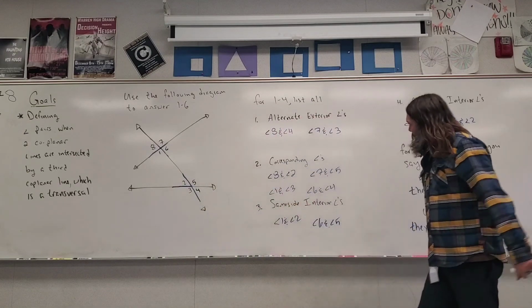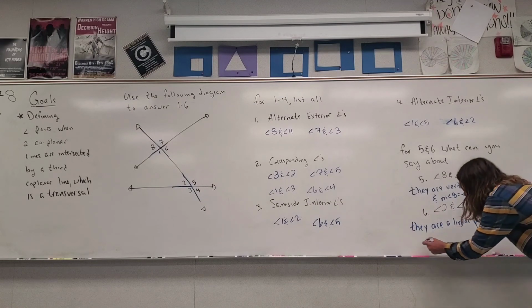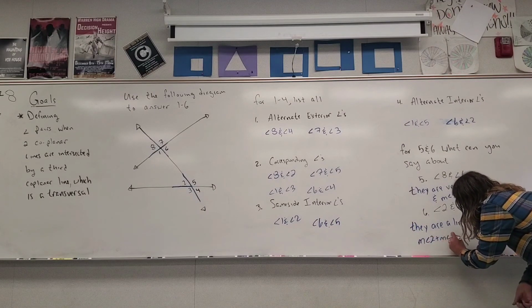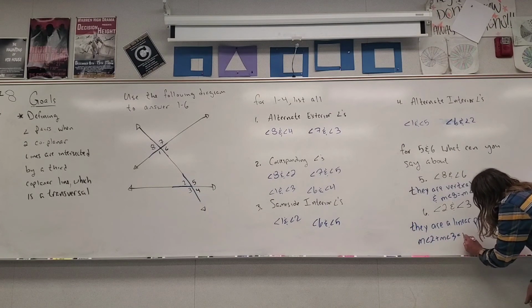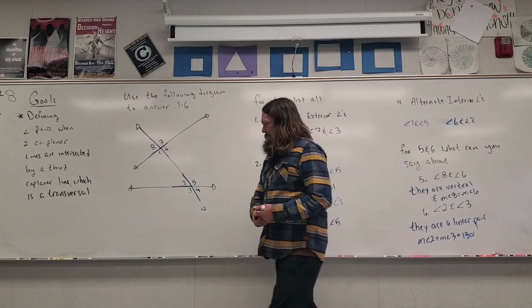I think they make this ink out of seagulls. So they're a linear pair, and what do we know about linear pairs? They add up to 180, or they're supplementary. So I know that the measure of angle 2 plus the measure of angle 3 will add up to 180 degrees, which makes them supplementary angles.